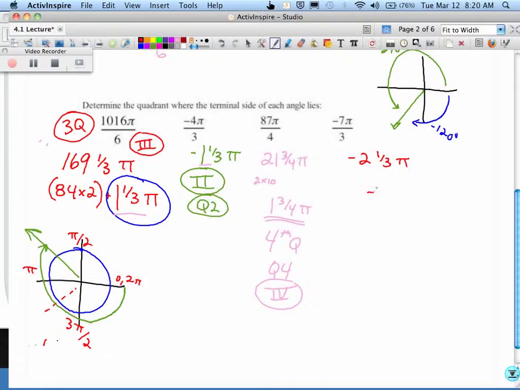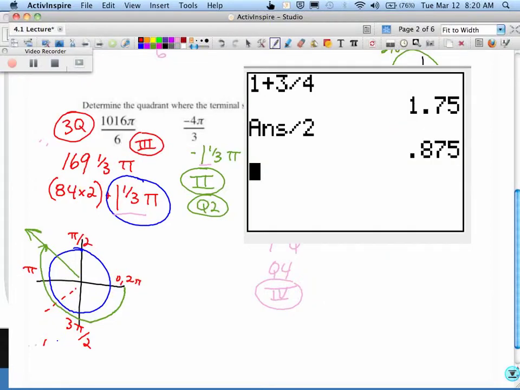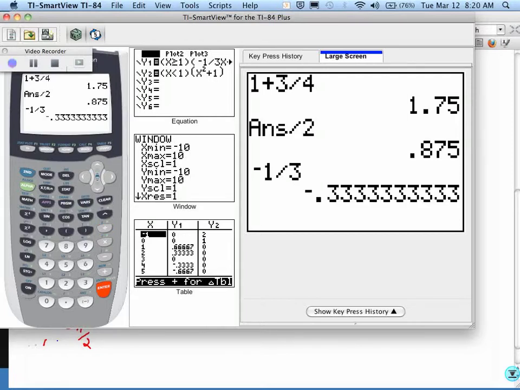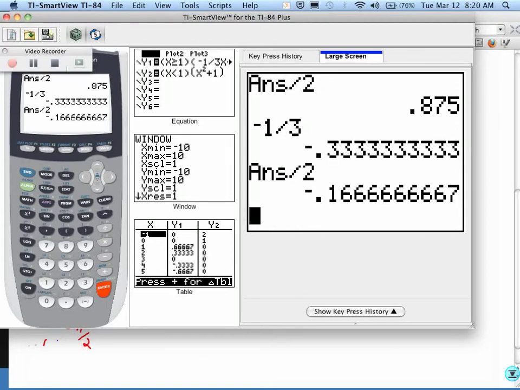So you probably already know the answer. Or you can take negative 1 divided by 3, and I divide that by 2, and I'm at 16% in the negative direction. So that's staying in the first quadrant of the negative direction, which is ultimately the fourth quadrant. Yes?